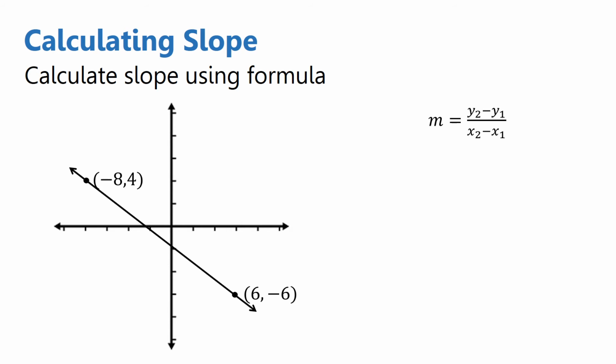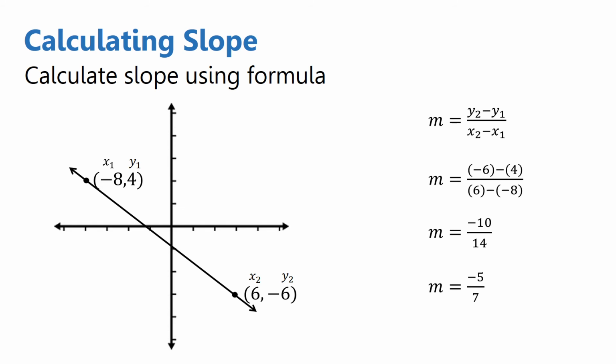I'm going to substitute my numbers in with my brackets. I'm going to do my math, a little review of adding and subtracting integers, and I get negative 10 over 14. I'm then going to reduce my fraction to get negative 5 over 7. Double check my sign. Yep, negative slope, and my slope shows a negative number.